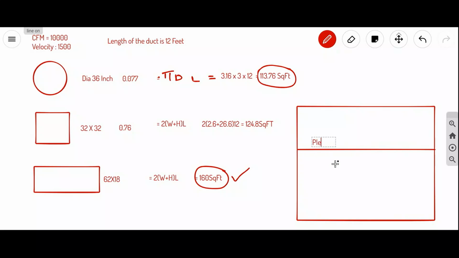Suppose the plenum space given is 3 feet. Sandeep sir gave us 3 feet of plenum space. Can I build the duct in 3 feet? Now the plenum space is 36 inches, exactly 3 feet, right? So can I directly take this duct to here? No. How it looks is, it will come like this, right?